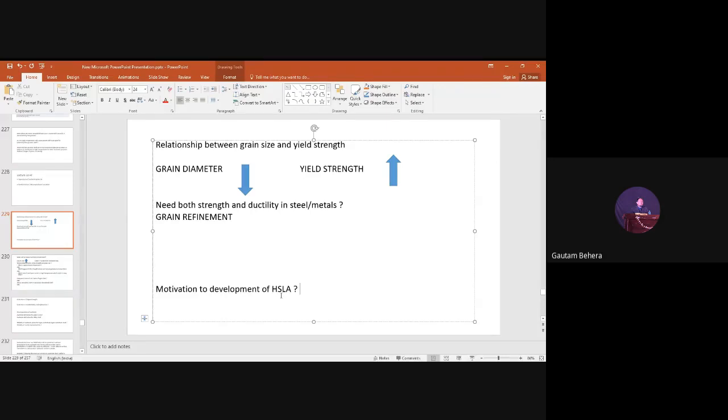What is the specific gravity of iron? Sir, 7.87 gram per centimeter cube. Yes, nearly 7.8. Sorry, aluminum is how much? 2.7 gram per centimeter cube.